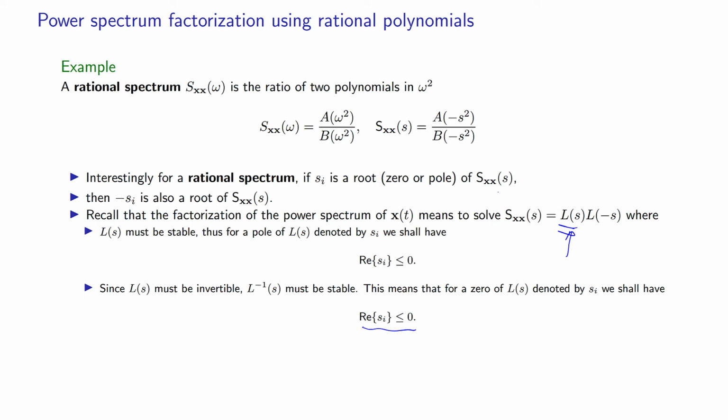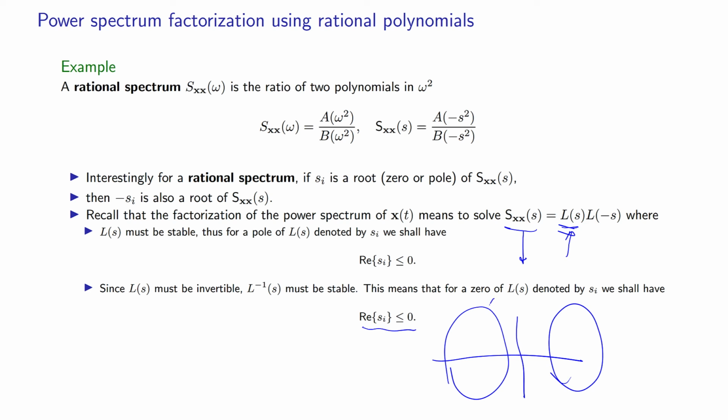So what we can do is to determine zeros and poles of Sxx, and whatever happens on the left side happens also on the right side. So you have like a mirror for the poles and zeros. The poles and zeros of L of S are these ones, and these ones are the poles and zeros of L of minus S. This is how we do spectral factorization.